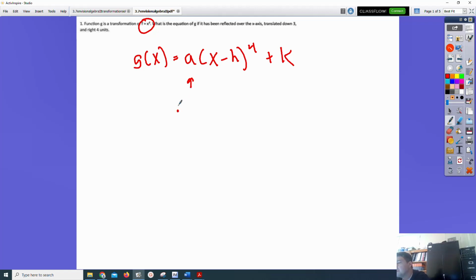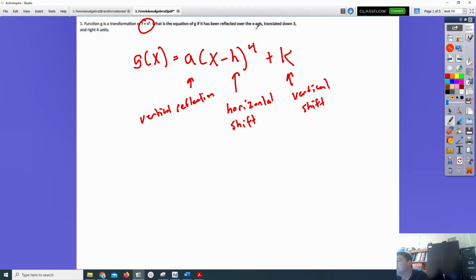It's usually where the reflection is, at least the vertical reflection. This is your horizontal shift. And this is your vertical shift, or vertical translation, whatever you like.